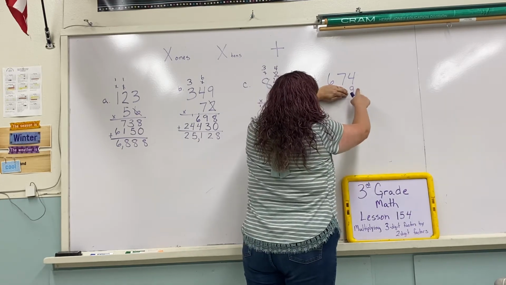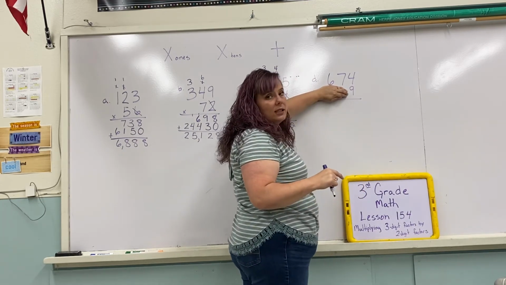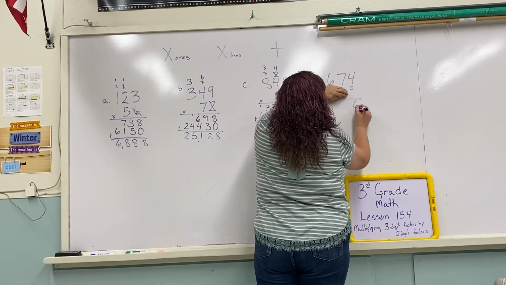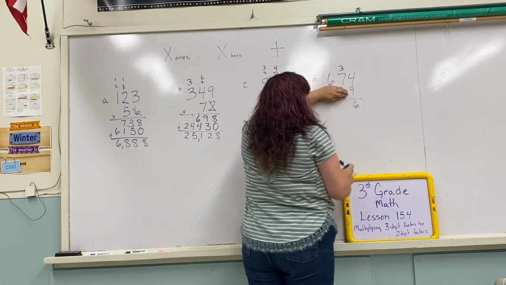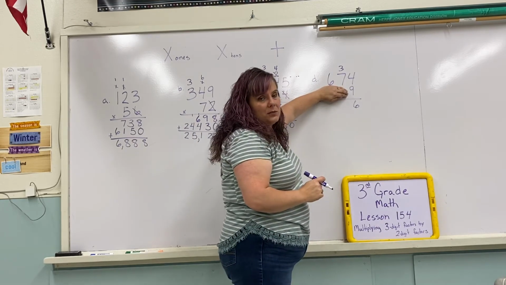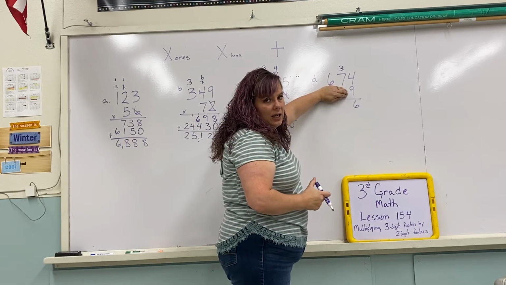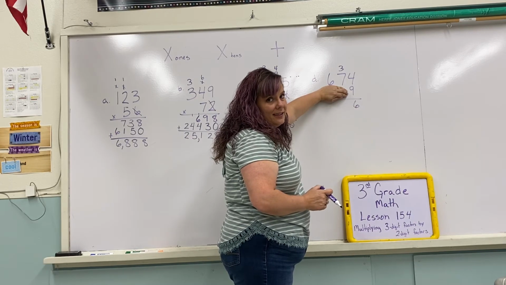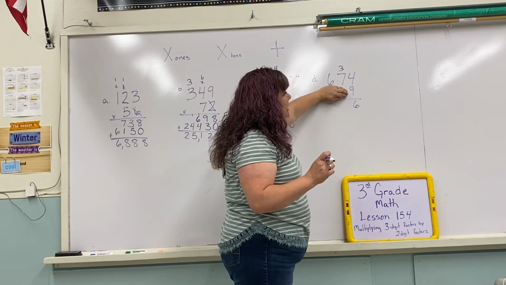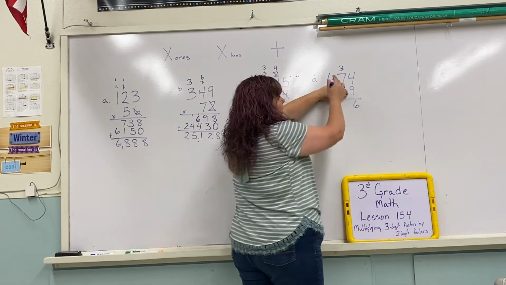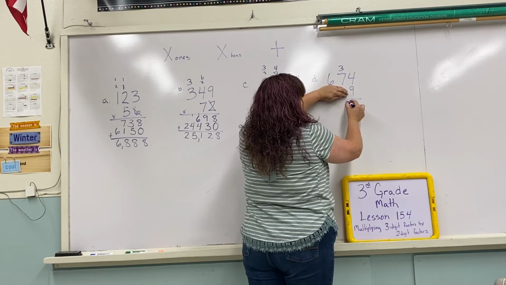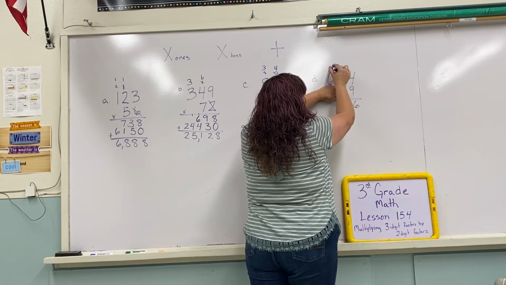Okay, 9 times 4 is 36. I hope you got that one. 36. Okay, now we have 9 times 7, 63, plus the 3 up here, 63 plus 3, 66.